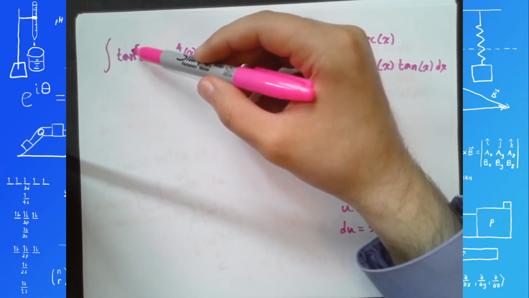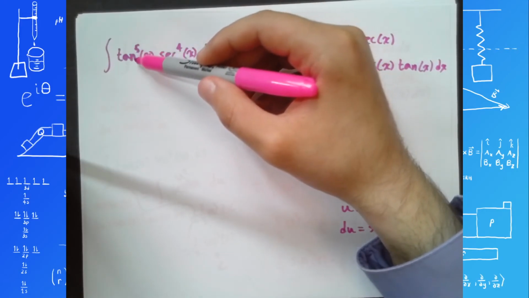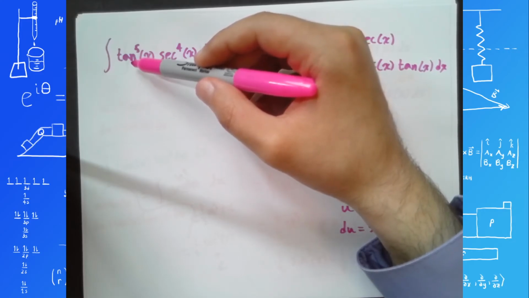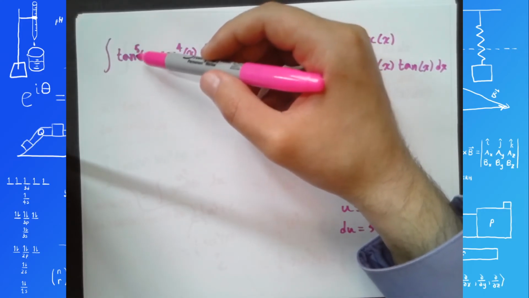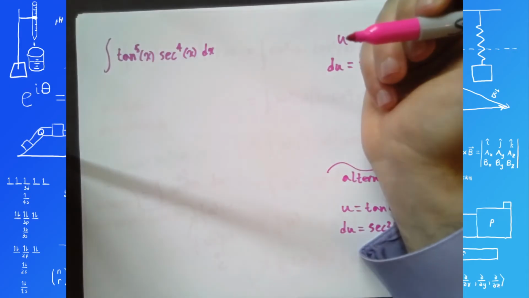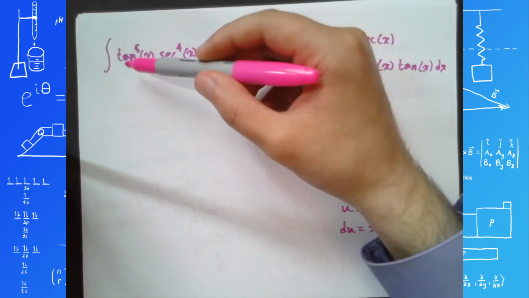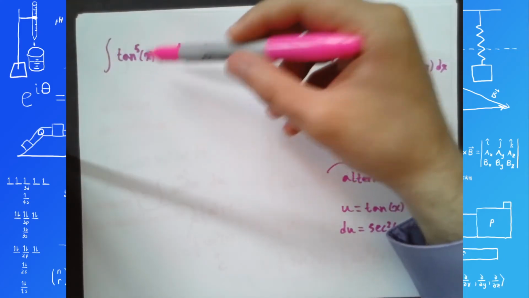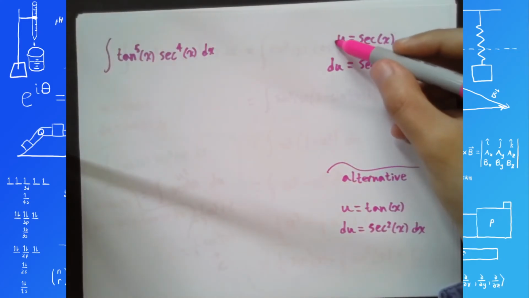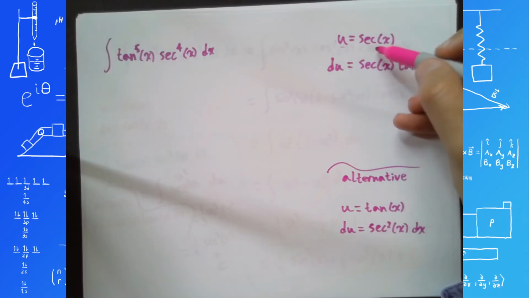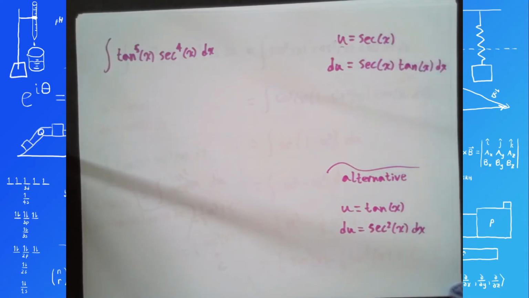And taking out a tangent leaves you with tangent to the 4th, which is an even power, and there is a trig identity for even-powered trig functions to convert them into other trig functions. So we wouldn't be stuck with a tan to the 4th. We could convert that into a bunch of secants, which can then be turned into an expression involving u. We could turn them into a polynomial.